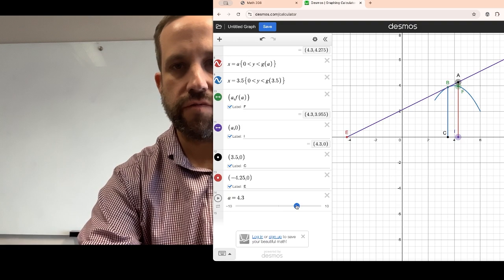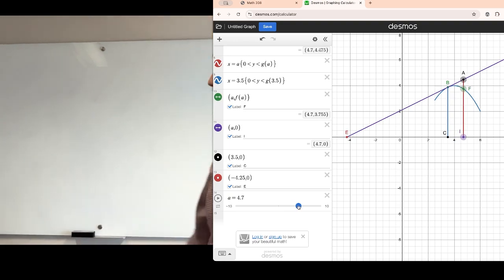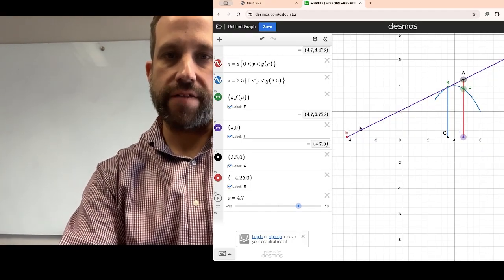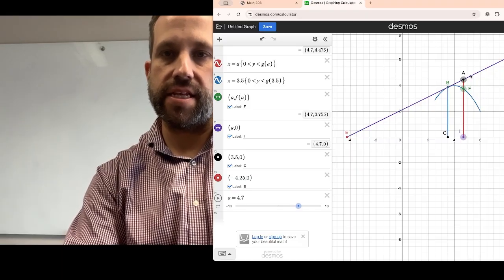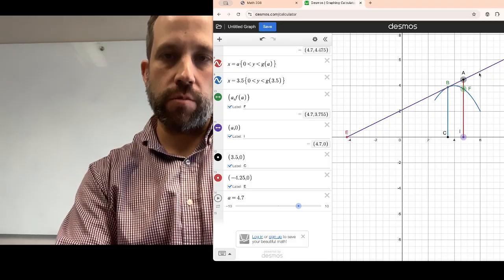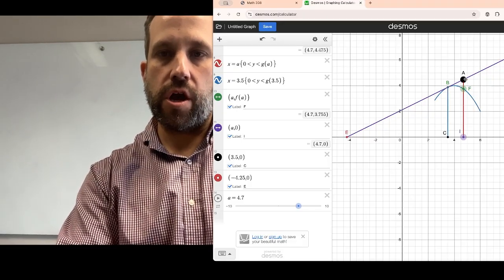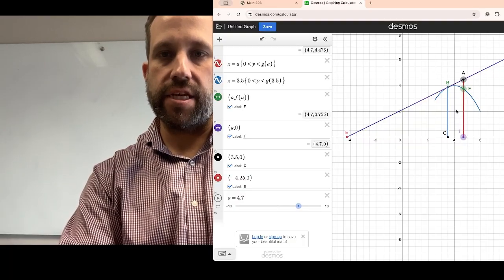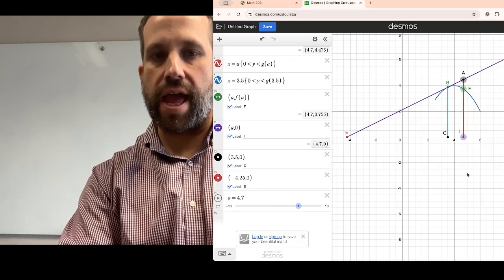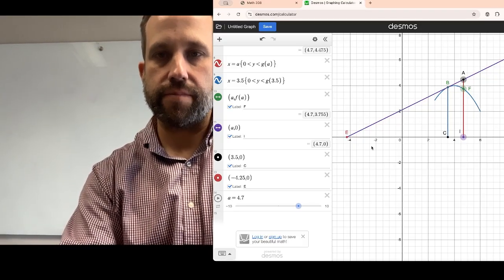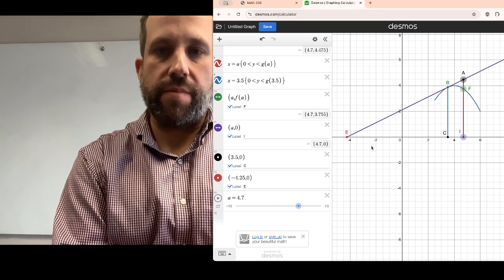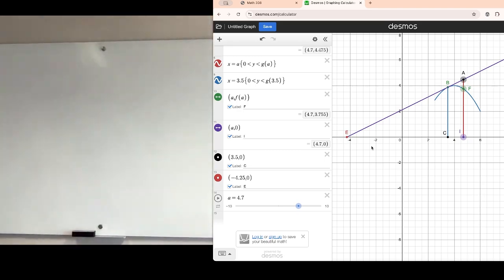Okay, so what we're going to do is the following. We're going to think in terms of similar triangles. Notice this purple line is the tangent line. So in terms of similar triangles, the triangle AIE is similar to the triangle BCE. Then what we know is that these ratios are going to be equal to each other.